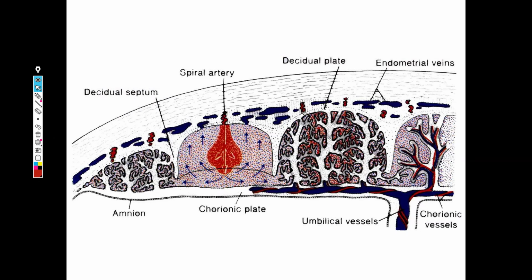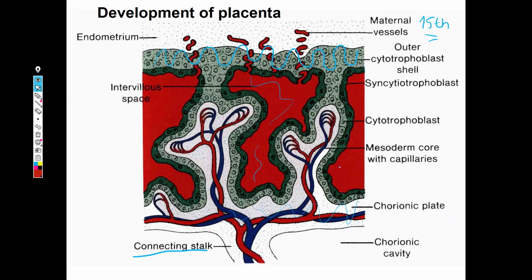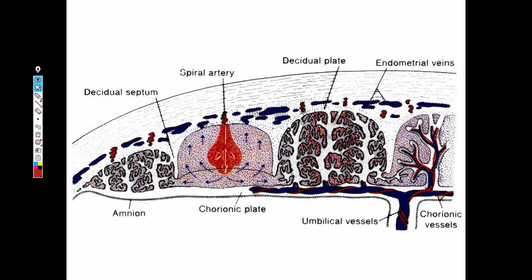So here we can see once again the developing of the placenta, and what is happening. There we have a chorionic plate and vessels. It's not so different from this picture over here. I think it's probably the same, the developed placenta.